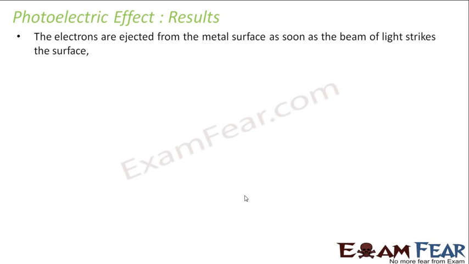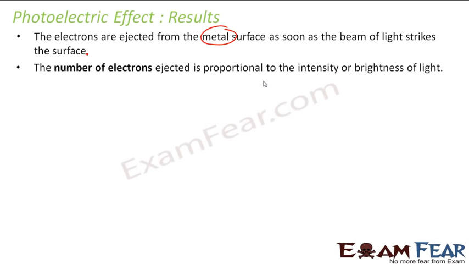The results he got from this experiment were as follows. The electrons are ejected from the metal surface as soon as the beam of light strikes. There is no waiting time. The number of electrons ejected is proportional to the intensity of the light.